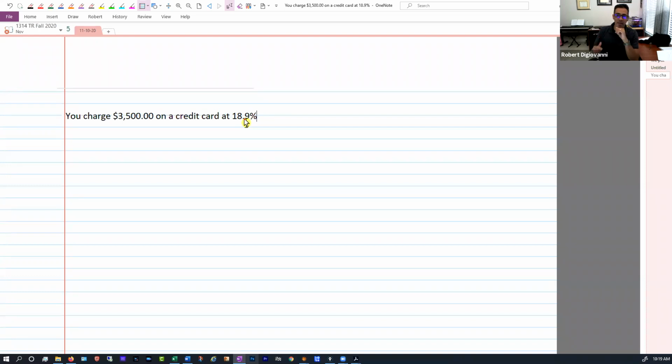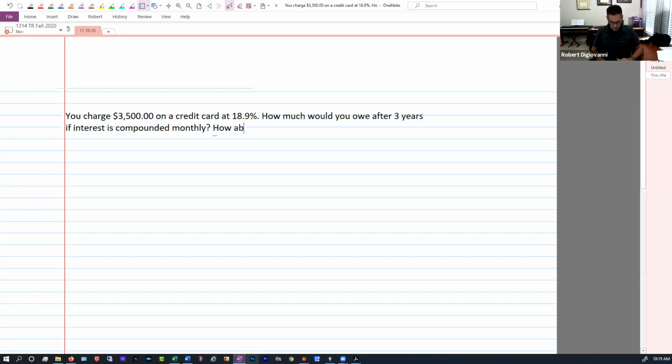We don't make any payments for 3 years. Now you're going to get penalized and all this other stuff, but penalties aside, how much would we owe after 3 years if interest is compounded monthly?